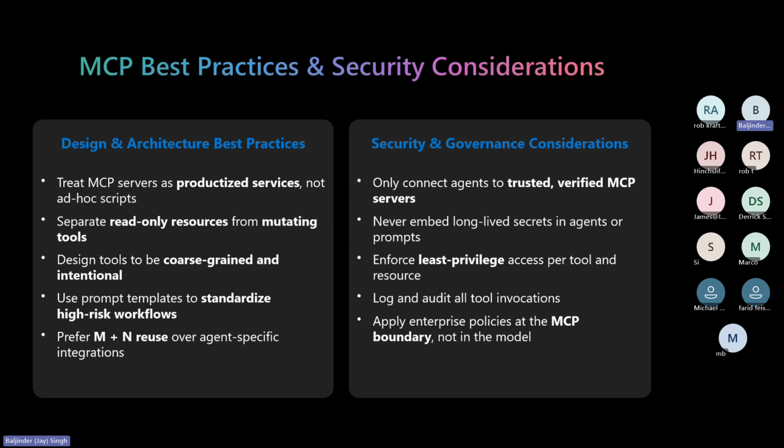The model is not what is supposed to handle that. Otherwise, it defeats the purpose of a model. Another way to simplify this is to keep this one basic rule in mind: the model is reasoning and the protocol is enforcing. So that's why these security boundaries should be at the MCP level.